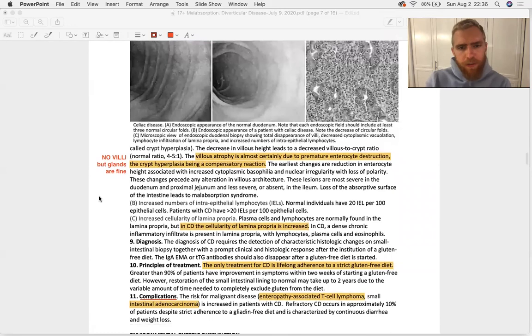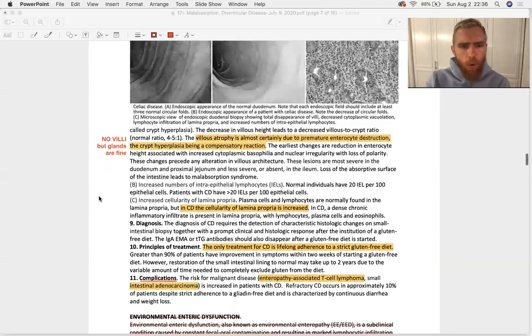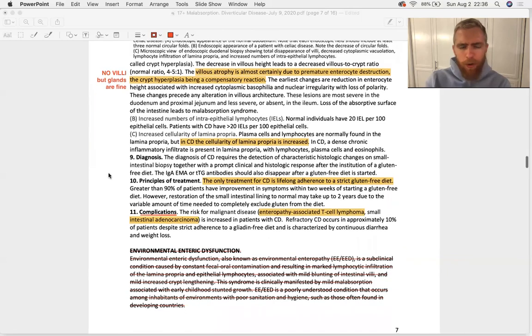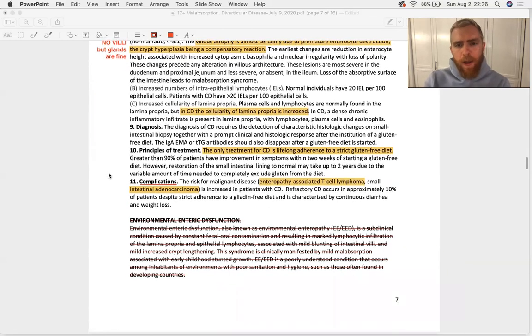So when we say villus atrophy, a more simplified way of thinking about that is just a flattening of the microsurface of the gut, not just the macro surface. And what we'll also see on histology is an increase in the cellularity of the lamina propria. And the lamina propria, of course, is that connective layer right underneath the epithelium and right above the muscularis mucosa.